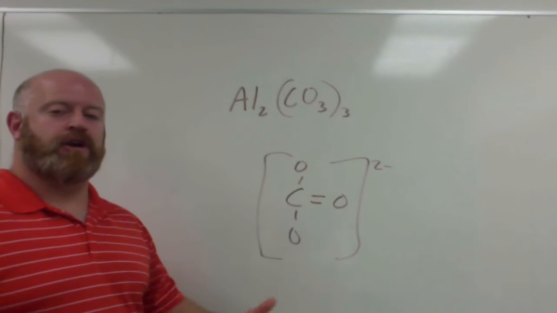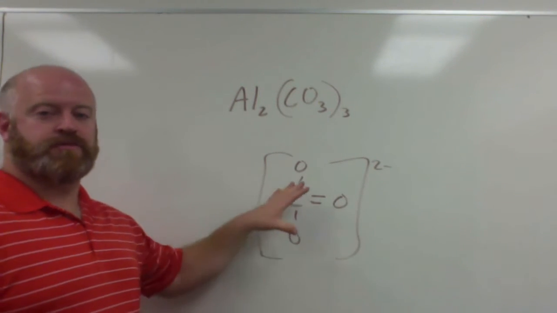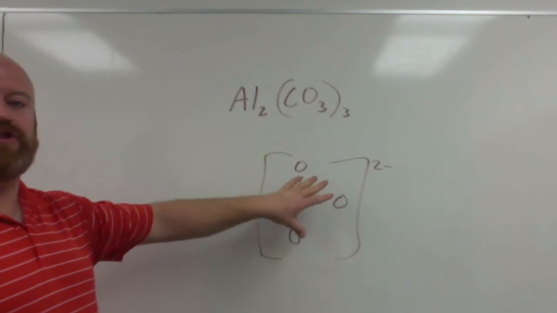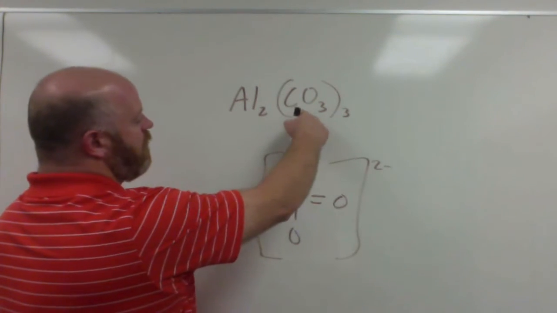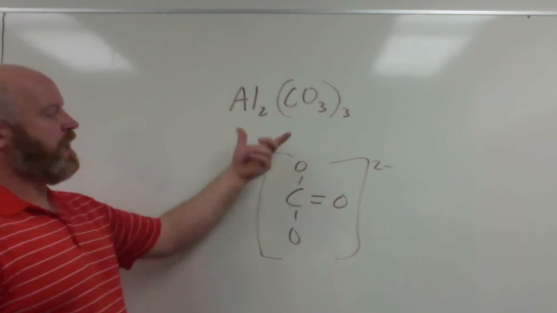At that point we didn't really talk about where the charge comes from and what that charge does to this molecule. In reality, because this molecule is charged, that molecule would then bond to a metal and form an ionic compound.